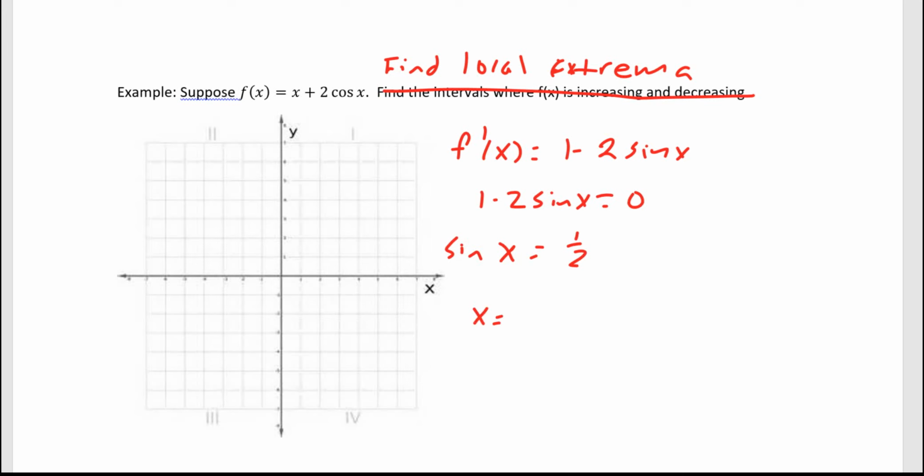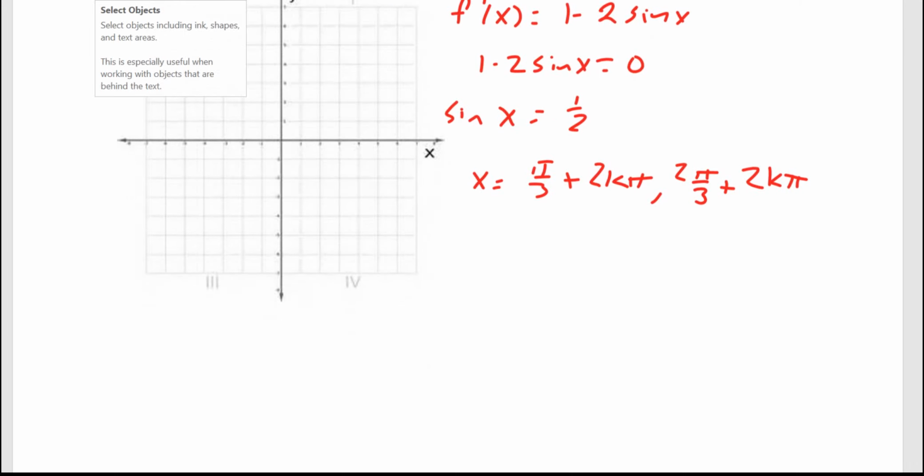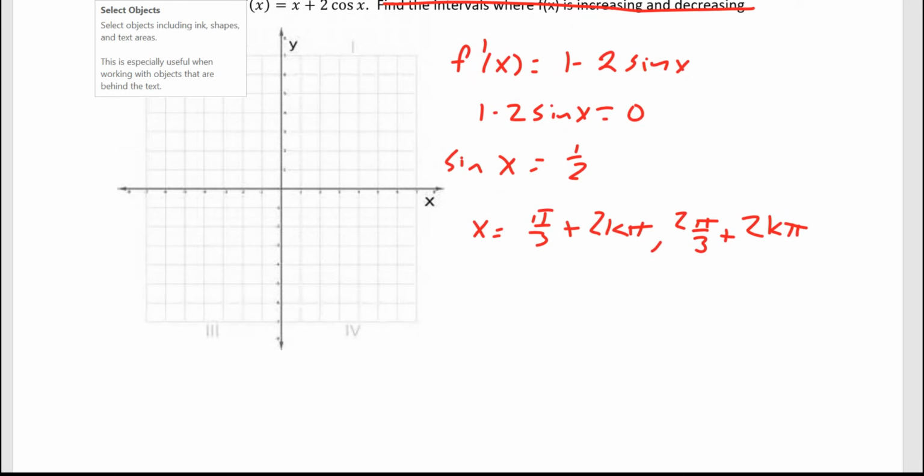Now, remember that was at all of the pi over 3 plus 2k pi's and 2 pi over 3 plus 2k pi's. So we had all kinds of intervals where this thing is going to be increasing, decreasing. So you know what?